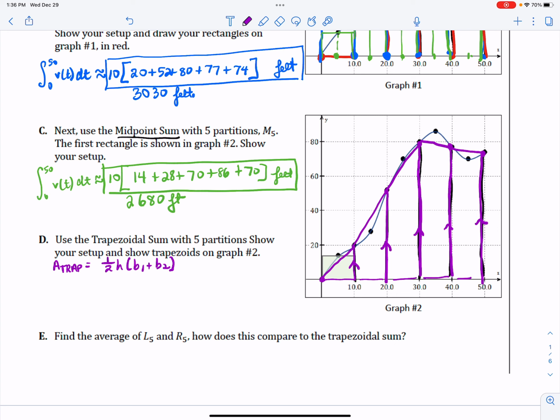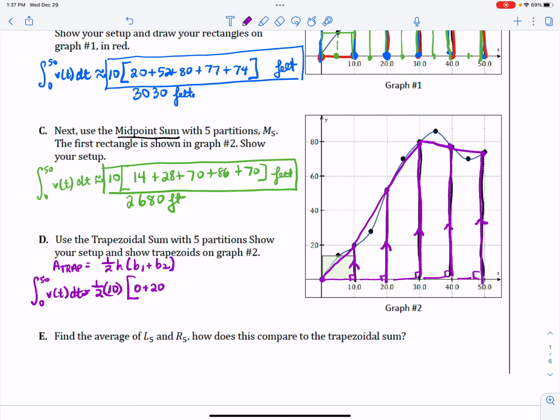Because these heights are always 10, we could factor out the 10, do 1/2 times 10, and add the bases. So the sum of base 1 and base 2 would be 0 plus 20.